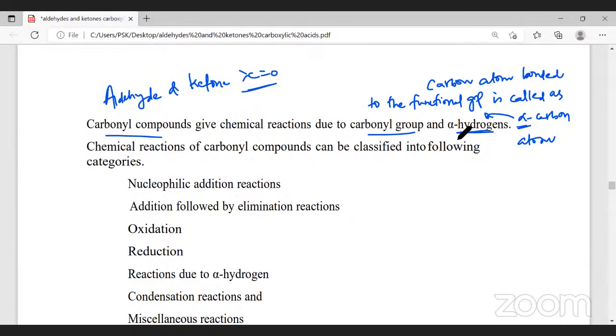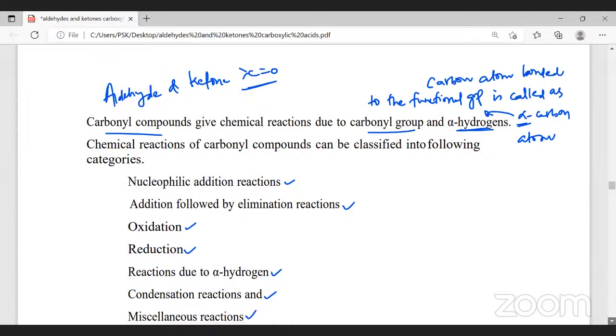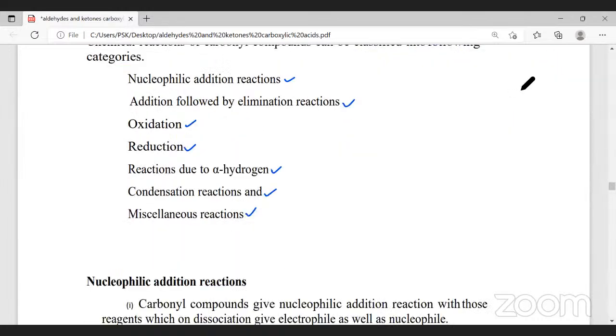These can be classified into the following categories. The first one, nucleophilic addition reaction; addition followed by elimination reaction; oxidation reaction; reduction reaction; reaction due to alpha hydrogen; condensation reaction; and miscellaneous reactions. So aldehydes and ketones, carbonyl compounds, can undergo so many reactions.